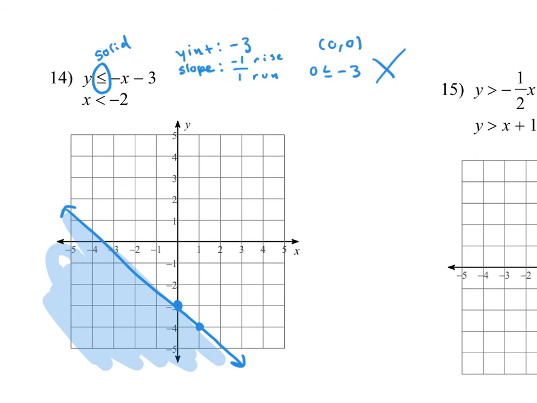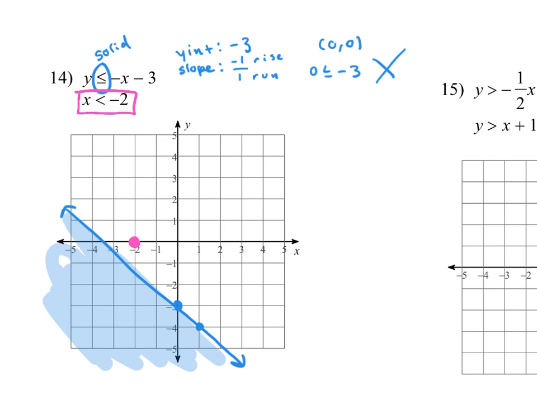All right. Next, we have x is less than -2. What is our y-intercept? Do we have one? So whenever we see x and just one number, we don't have any y's in it, we go where x is -2.